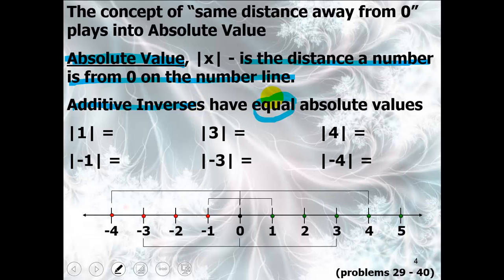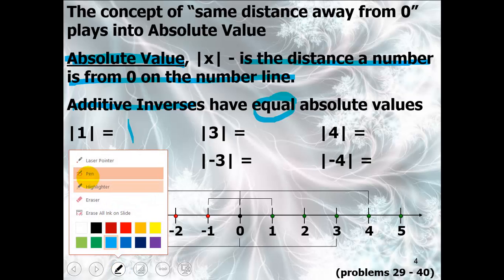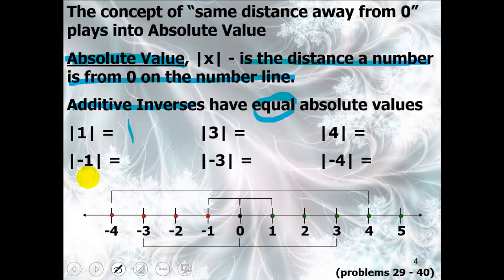So the absolute value of 1, how far away is 1 from 0? It's 1. Right? How far away is -1 from 0? Well, again, it's 1 unit. So the absolute value of -1 is +1. The absolute value of 3 is 3.